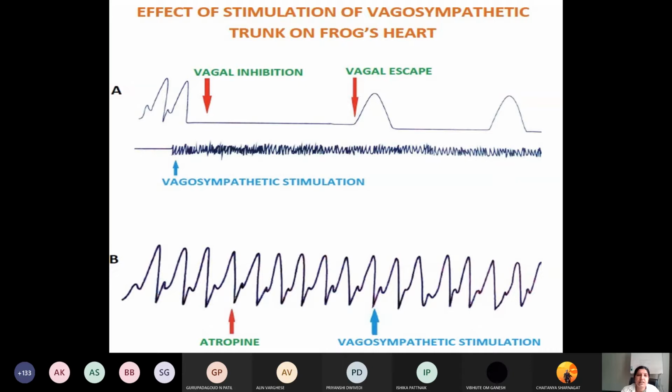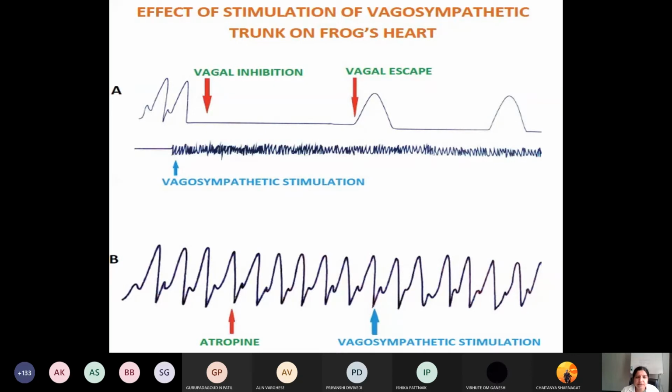We can't separate sympathetic or vagus from the trunk or ganglion. So whenever you stimulate the vagosympathetic trunk, you are continuously stimulating the vagus trunk, that vagosympathetic trunk. So what is happening?